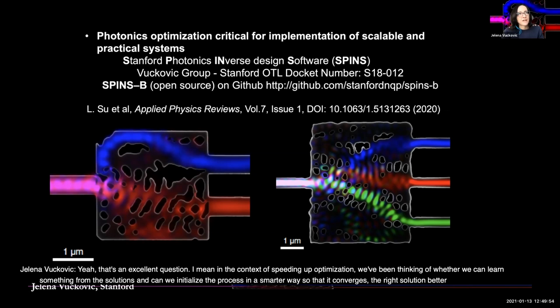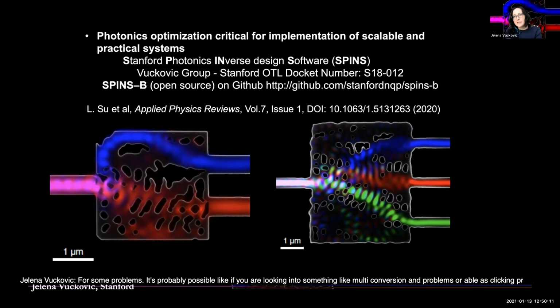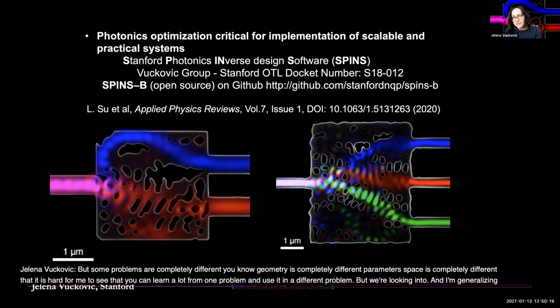Yeah, that's an excellent question. In the context of speeding up optimization, we've been thinking of whether we can learn something from the solutions and initialize the process in a smarter way so that it converges to the right solution better. For some problems, it's probably possible, like mode conversion problems or wavelength splitting problems, but some problems are completely different.